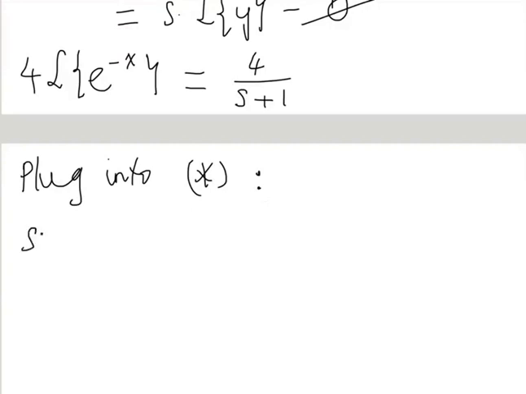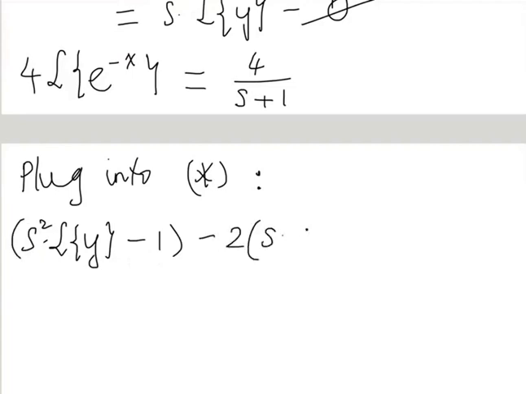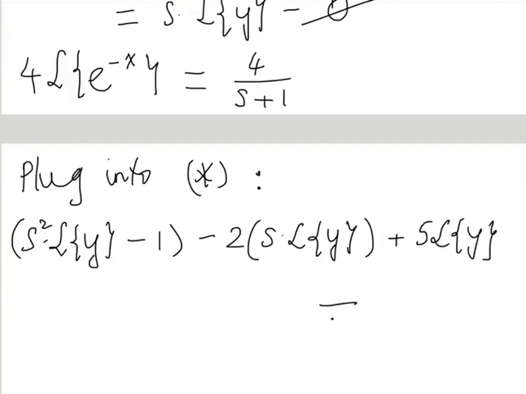So we have s squared times the Laplace transform of y, minus 1, minus 2 times s times the Laplace transform of y, plus 5 times the Laplace transform of y, equal to the right hand side, 4 over s plus 1.